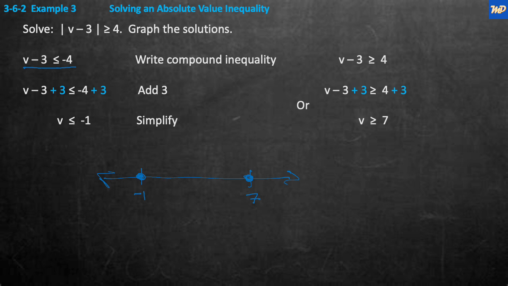On the left-hand side, it's going to be v less than or equal to negative 1, so it's going to be everything to the left. I'm going to change colors. And on the right-hand side, let's go with orange. Over here, it's going to be everything going to the right because v is greater than.